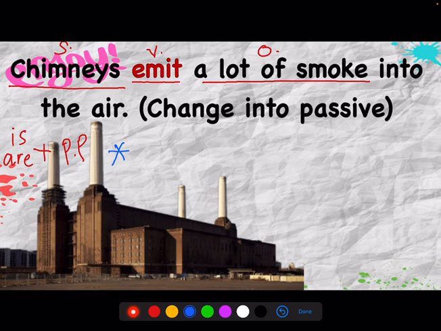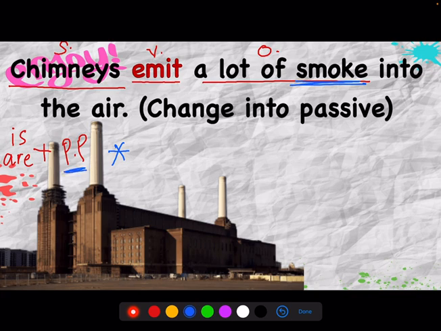So here my sentence is present. So I have to choose is or are. But when do I have to choose is or are? A lot of smoke. I start with this one, with the object. Smoke. We use is. The helping verb for smoke is. So a lot of smoke is.